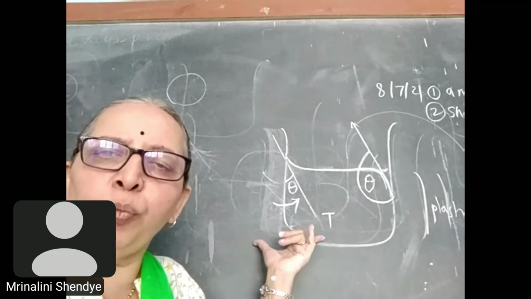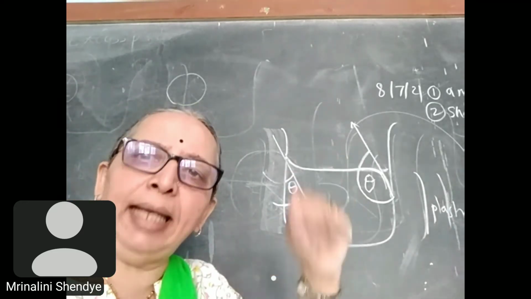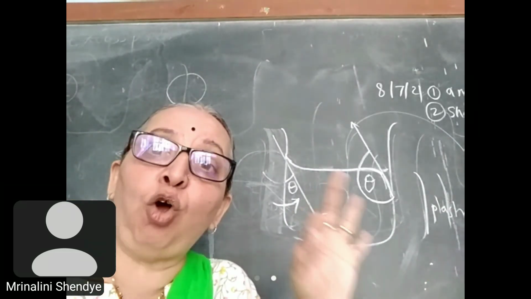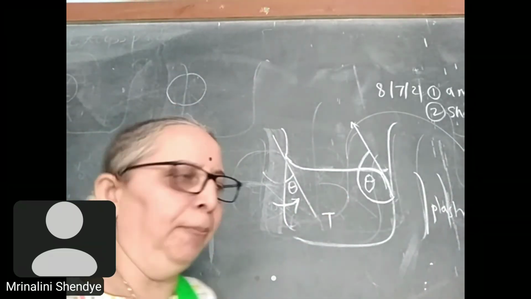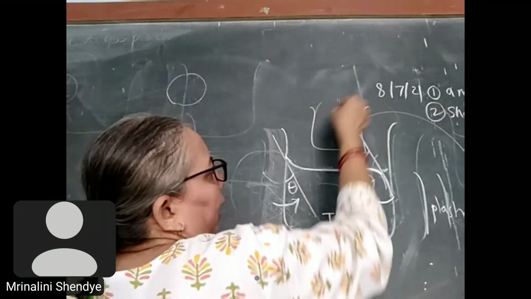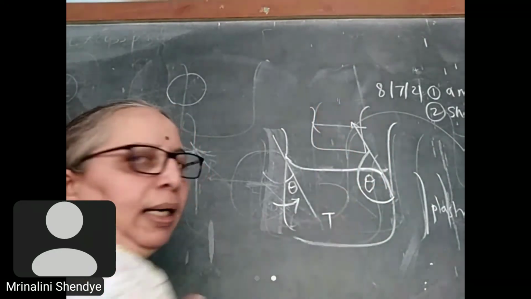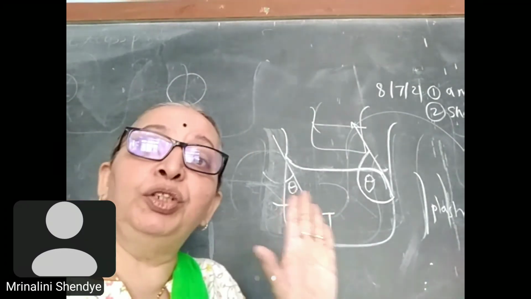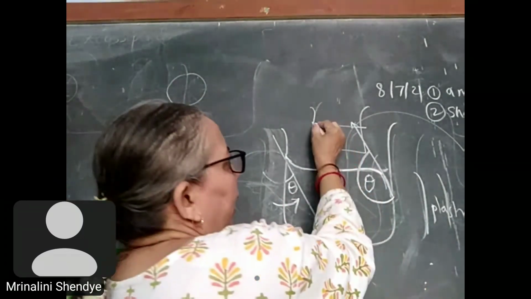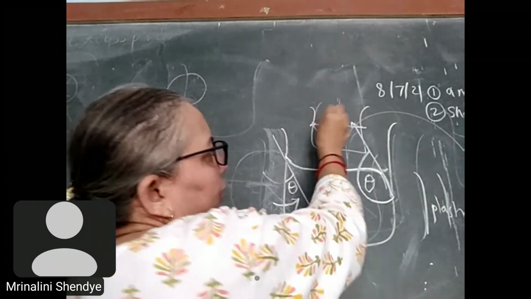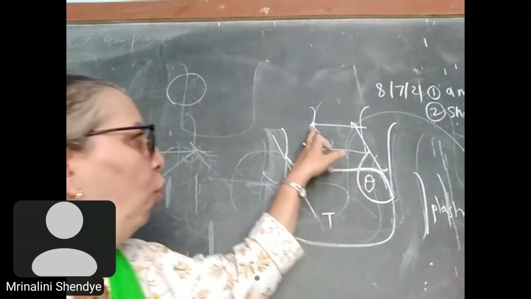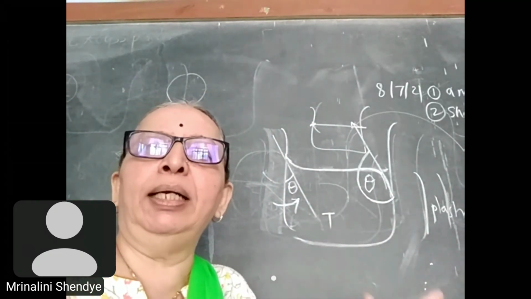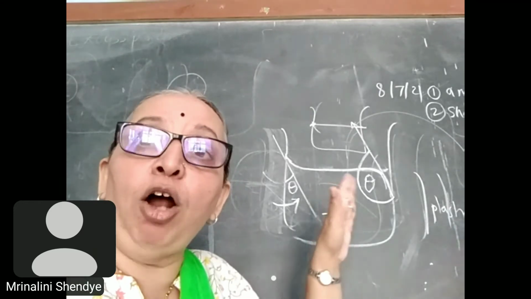If angle of contact is acute, less than 90, the meniscus formed will always have concave nature. For example, the glass water pair. For pure glass and pure water, the value of theta is 0. So ideally the free surface, even at the point of contact, should remain horizontal, but in practice we never take pure glass or pure water.